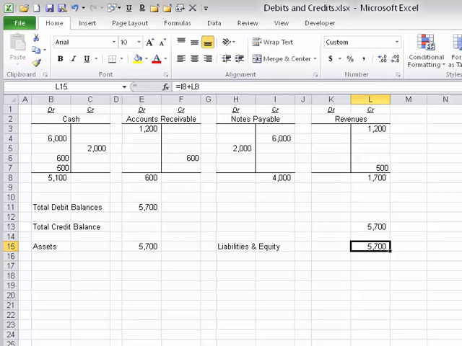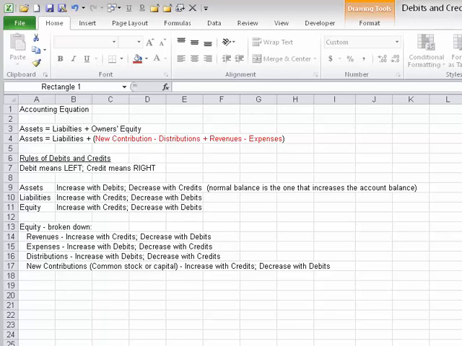Okay? So here we've completed our brief look at debits and credits, and let's go through the details of them again. We start off with the accounting equation. Assets equal liabilities plus owner's equity. That's the basic accounting equation. The expanded accounting equation is assets equal liabilities plus new contributions of owner's equity less distributions plus revenues minus expenses.